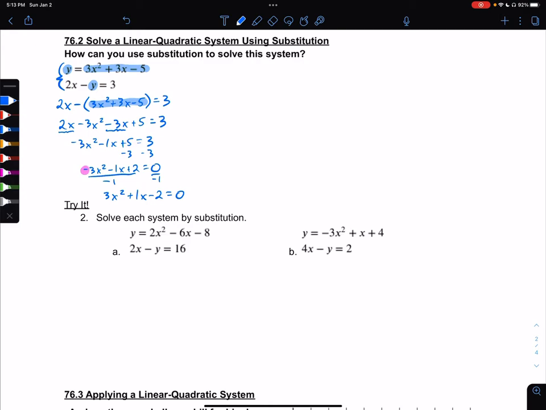Okay, so now I can factor. So 3x squared plus 1x minus 2 is equal to 0. We're going to need to use the AC method. So I need to multiply 3 and negative 2. So I need factors of negative 6 that have a sum of 1.